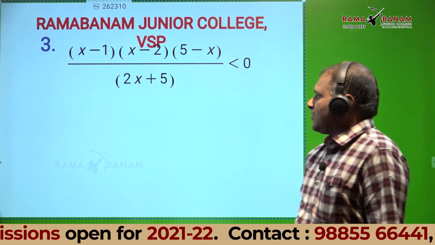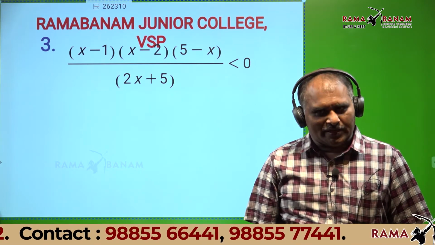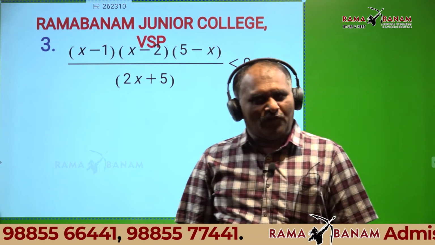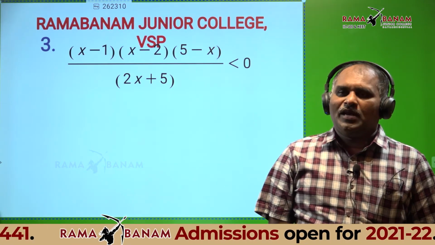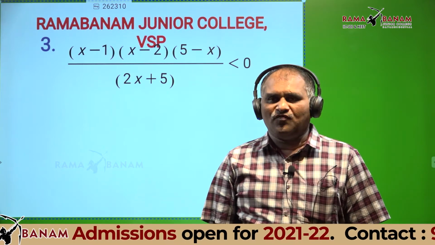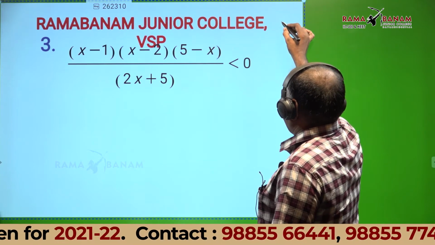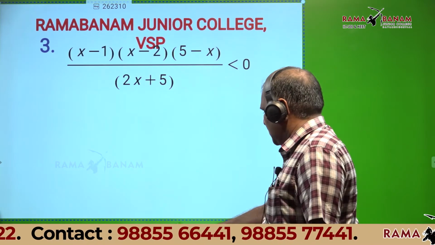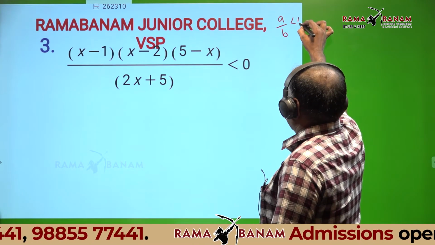This is the question given: (x minus 1)(x minus 2)(5 minus x) divided by (2x plus 5) is less than 0. How to find out? This is the form of a by b. Yesterday I explained, observe a by b less than 0.